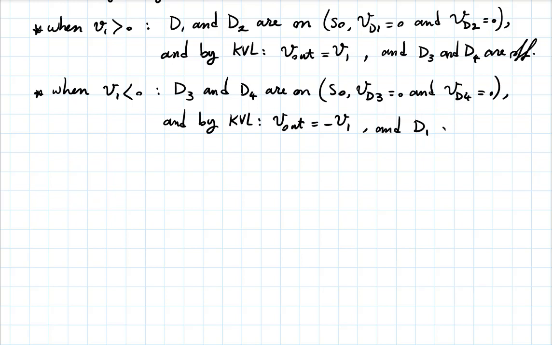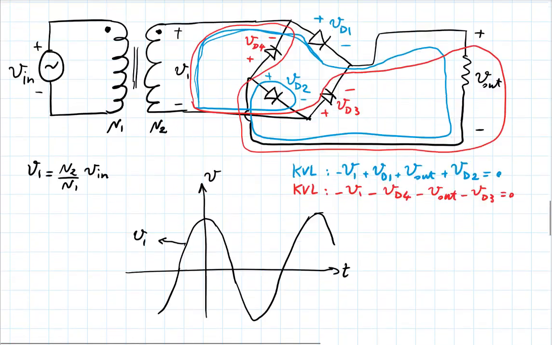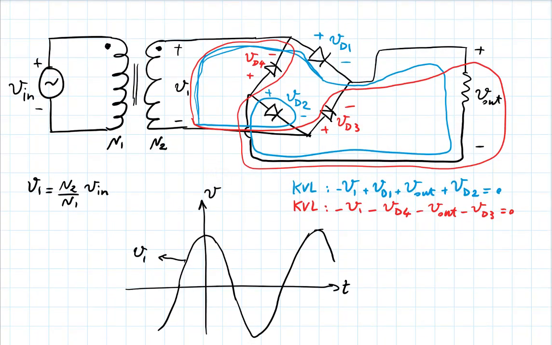And D1 and D2 are off. So this is really a matter of going through all the possibilities and making sure that you have found a consistent set of diodes on and off for every case of the input being either positive or negative. And these are the equations that guide you through it. Okay? That's what I've used down here. But it's really important that you go through this.